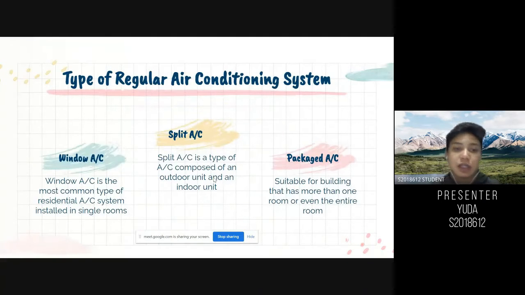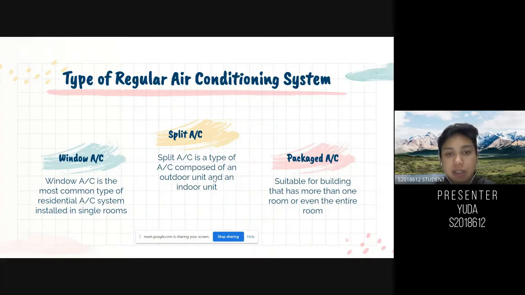The window air conditioning system is the most common type of residential air conditioning system or regular air conditioning system installed in single rooms. All components, including compressor, condenser, evaporator, and cooling coil, are packaged in one unit.